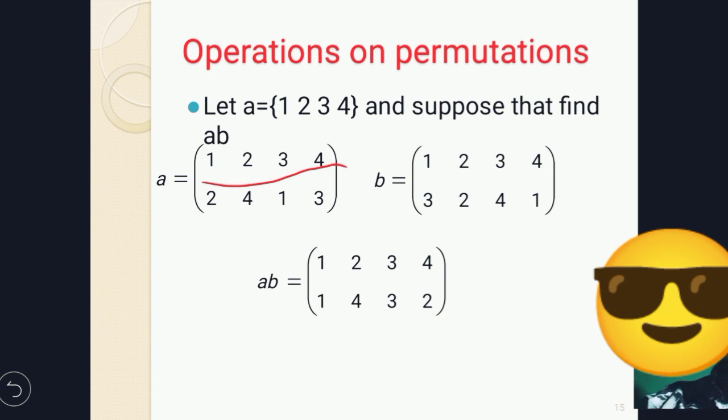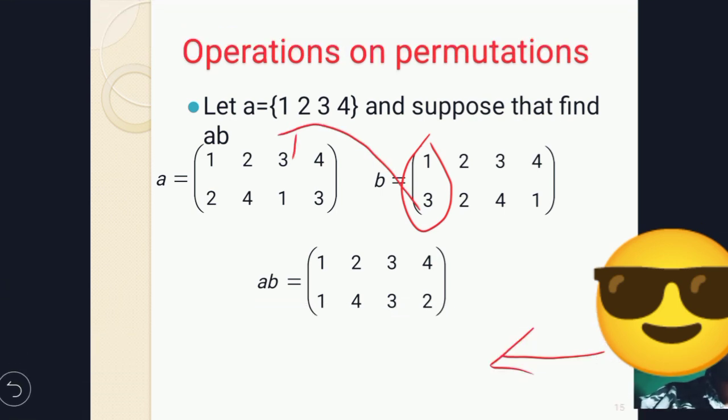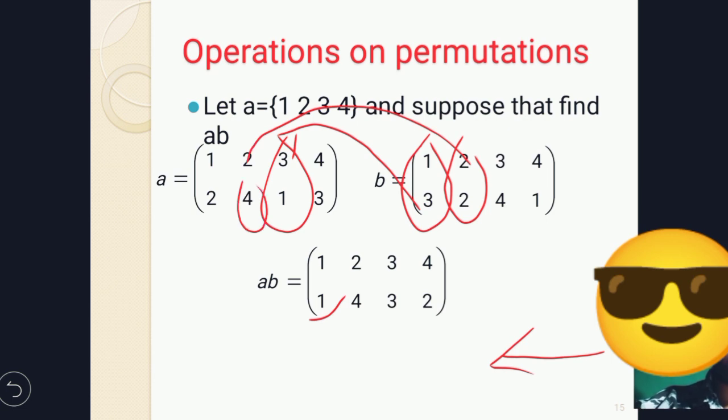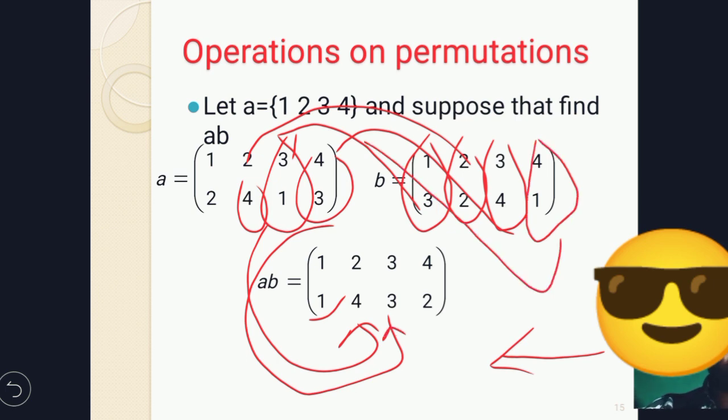As I told in the previous slide, it always goes from right to left. For 1, B gives 3, and A of 3 is 1, so 1 comes. For 2, B gives 2, and A of 2 is 4, so 4 comes. For 3, B gives 4, and A of 4 is 3, so 3 comes. For 4, B gives 1, and A of 1 is 2, so 2 comes.